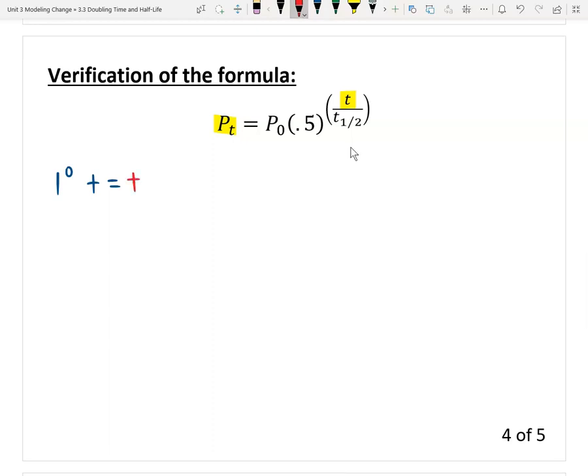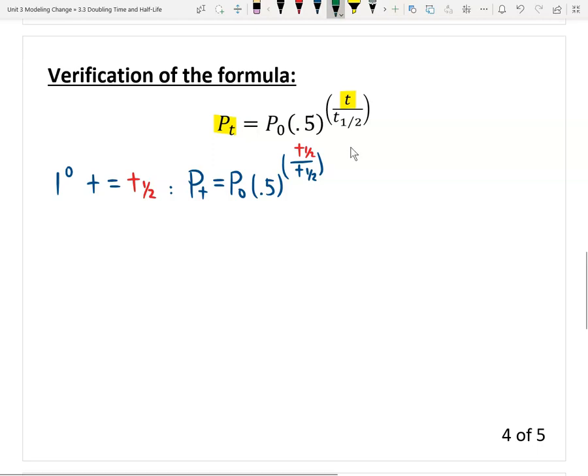I put the half-life T 1/2. What is the value of P of T now? So P of T equals P0 times 0.5 raised to now. What is T? T is one half-life time, right? And then over T 1/2. Now you know, we can cancel this and this.